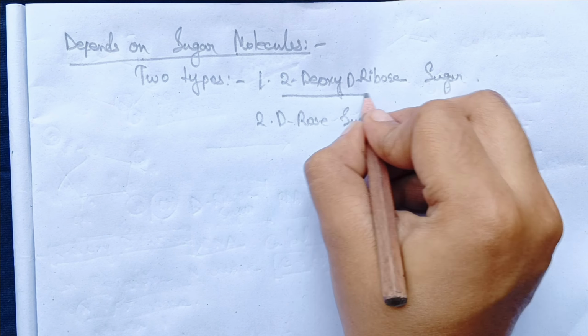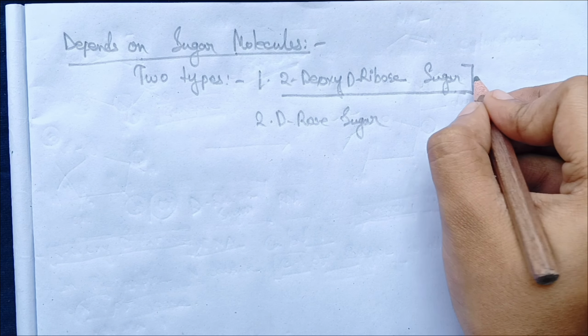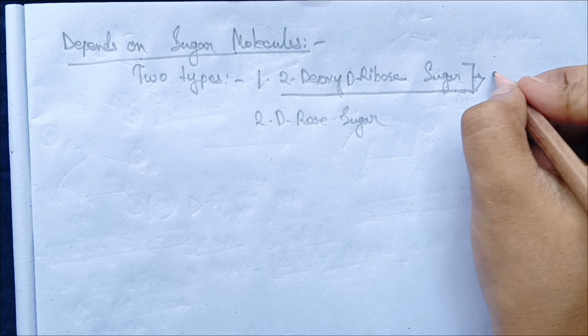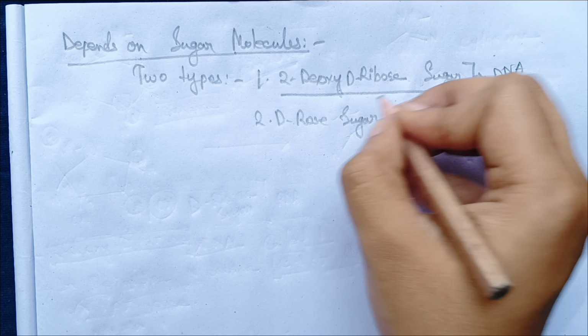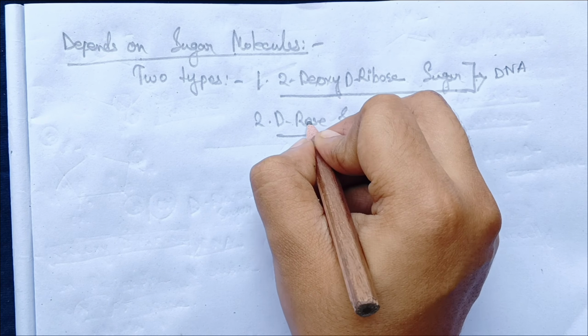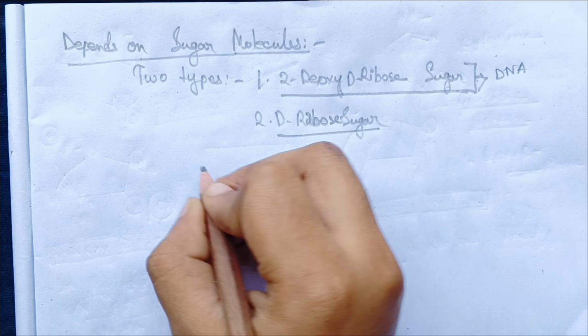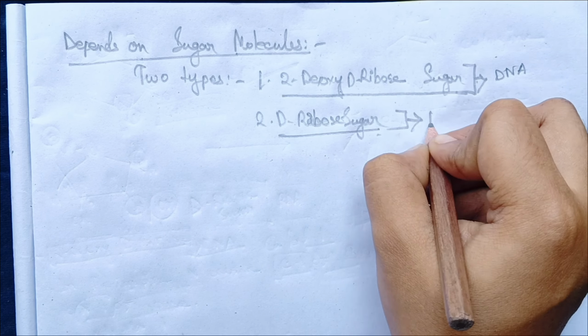If 2-deoxy-D-ribose sugar is present in the sugar molecules, it is called DNA. And if D-ribose sugar is present, it is called RNA.